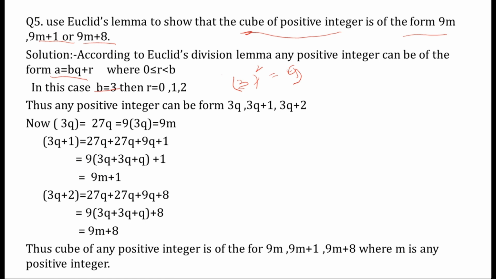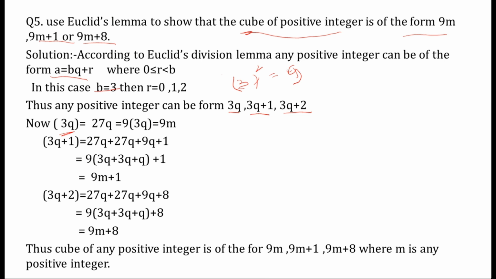Thus the positive integer can be of the form 3q, 3q + 1 and 3q + 2. When we take 3q and cube it, we get 27q cubed. Here q is an integer.